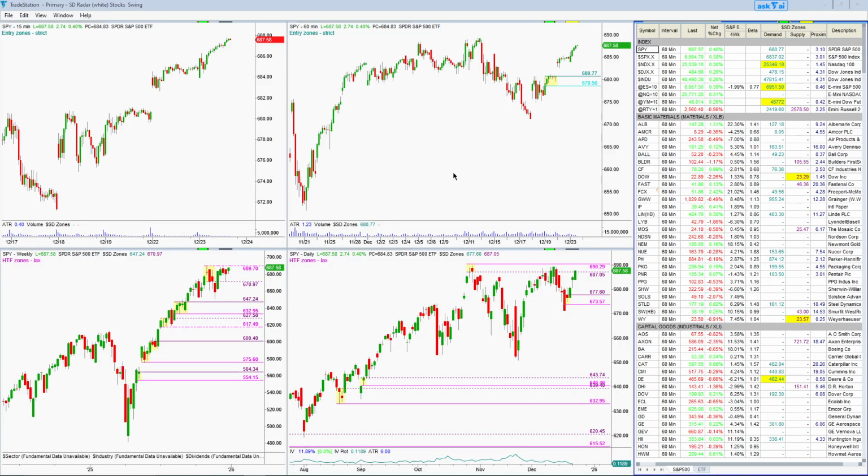As for how you use this swing workspace to look for trade setups, that is of course very similar to the daily workspace, except here we now look for 60-minute supply and demand zones instead of daily supply and demand zones.